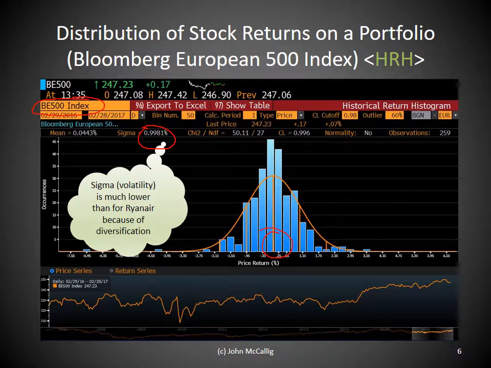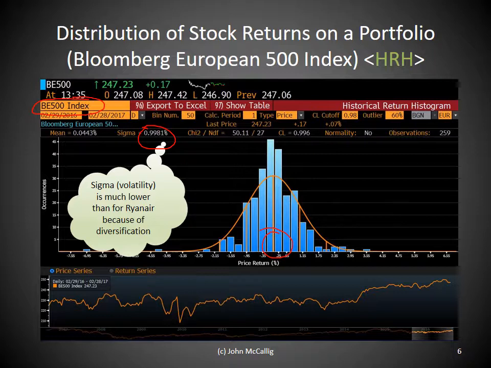So this is the effect of diversification. There's 500 stocks in this index. So, you know, the days where Ryanair has a -5% return, then somebody else does quite well, and your overall returns are not as extreme as they are for holding one stock.